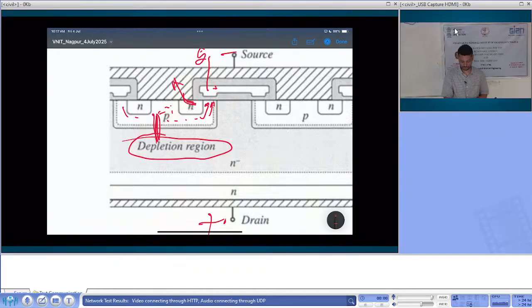So what you are saying is that there is a potential gradient in the bulk semiconductor. Is that what you are saying? There's a potential gradient between the gate and the P region, or the gate and the source to be more precise. That's the bulk semiconductor. I am not sure of the terminology, but there's a potential difference between gate here and the source which is here.